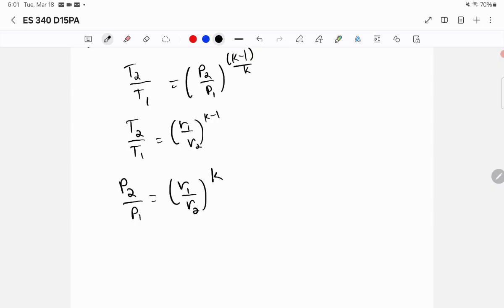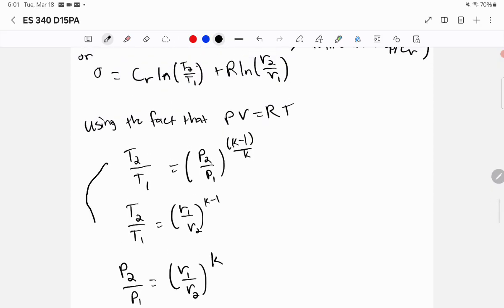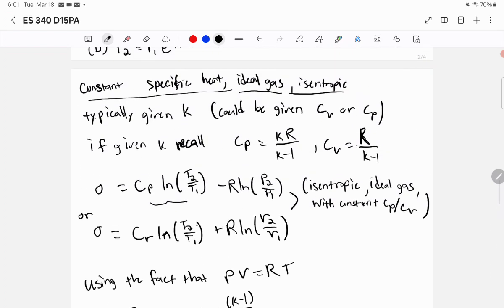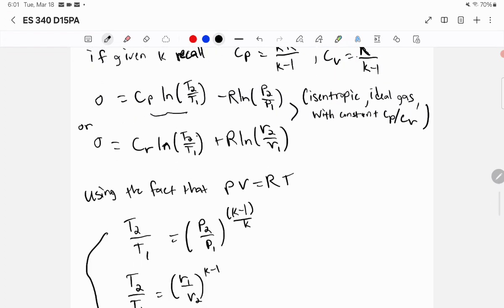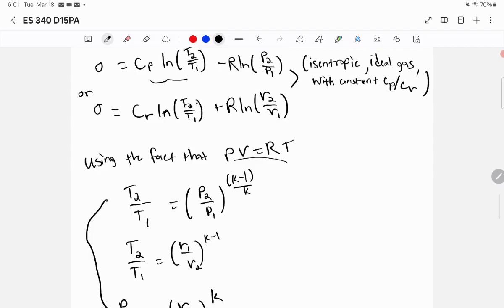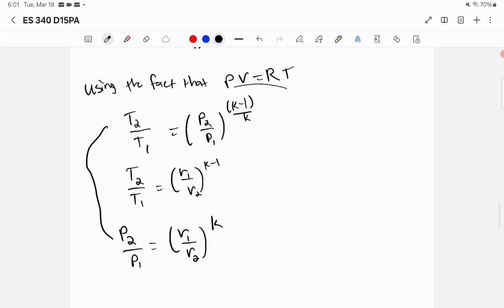But these three relations pop out of these two equations that I have up here, and the fact that PV is equal to RT. Okay, so they come from up here.